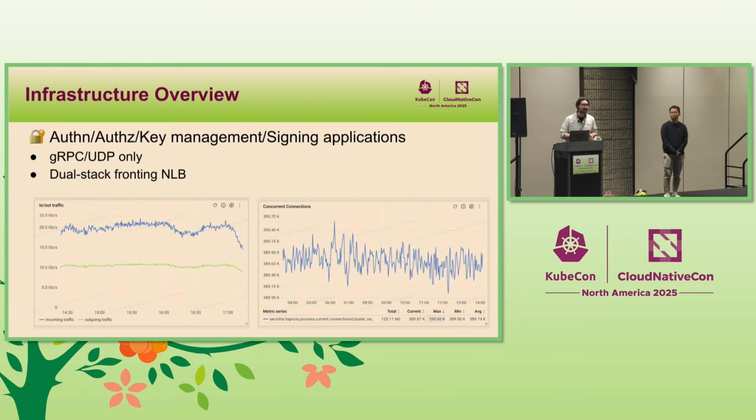Again, to give you an idea of the volume of data and traffic, each of those clusters does about 300 to 400K concurrent connections, and about 20 megabytes of incoming traffic for about 10 megabytes of outgoing traffic. The load differs between regions, but you can extrapolate those numbers times 100, and that will represent our global metrics.